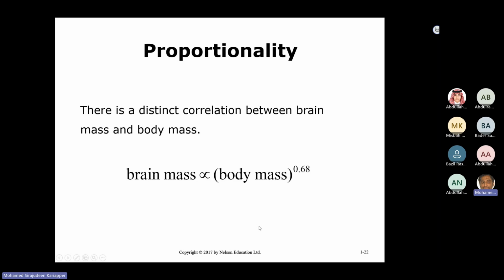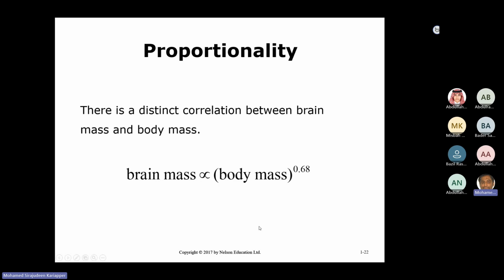Like in this example, you might think when the body size increases, the brain size will also increase relatively, right? So our brain size will be somewhat proportional in some way to our body mass. It seems to be true, but not linearly.